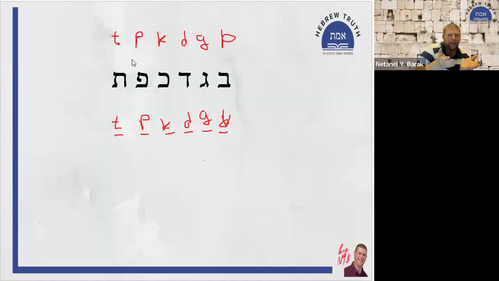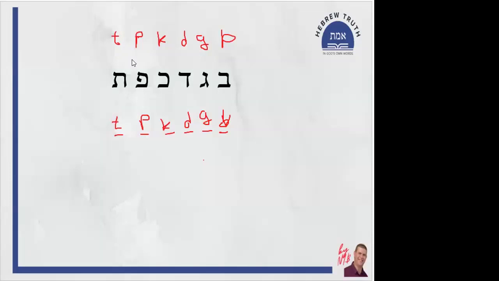So we know there is a Greek letter equivalent to P. That is the letter pi. So why is this guy called Pinchas in Hebrew, while in English we call him Phineas? Thank you very much.